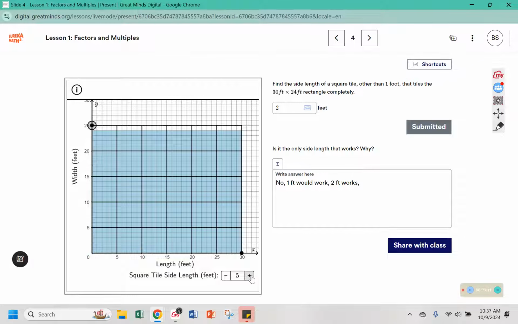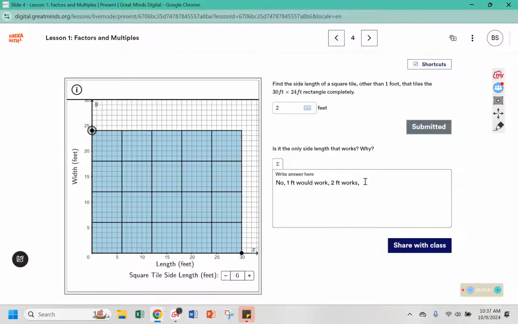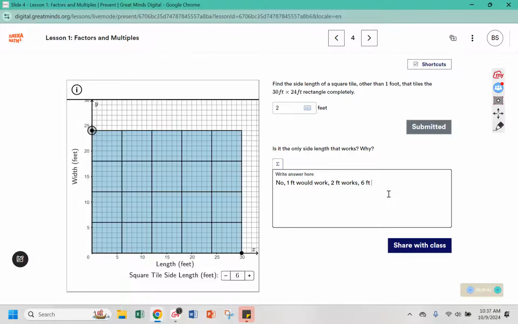Oh, but not that way. 6. Yes. And yes, so 6 feet also works. Oh, we missed 3. 2 feet, 3 feet, 6 feet. So 1 foot would work, 2 feet works, 3 feet works, and 6 feet works.